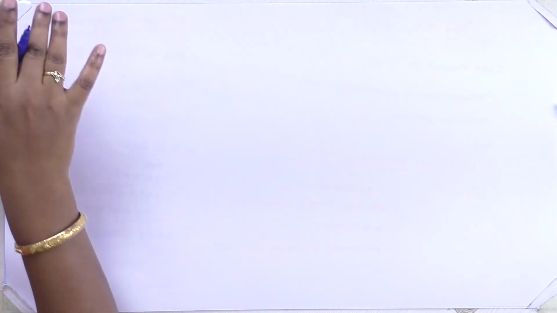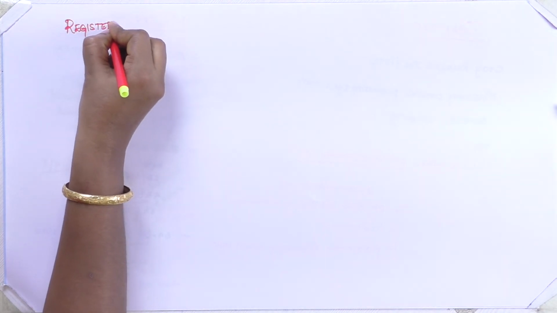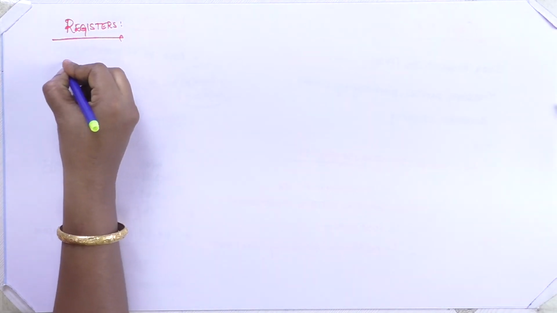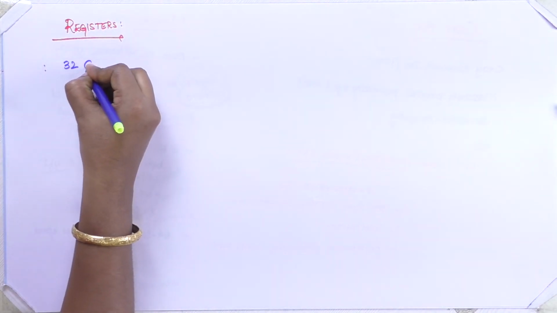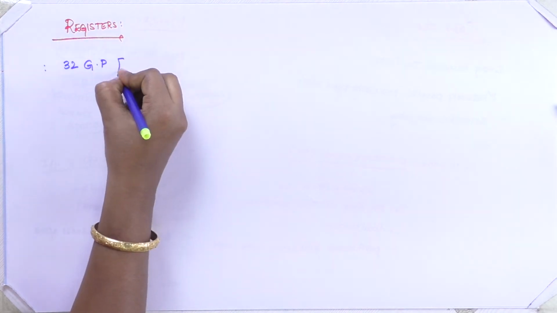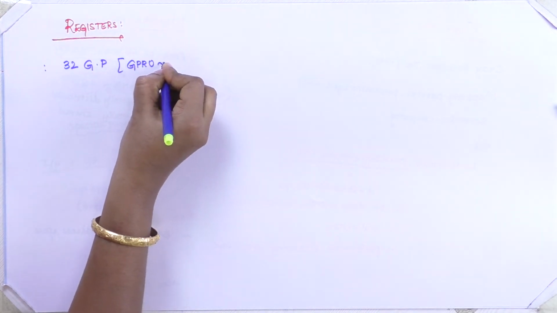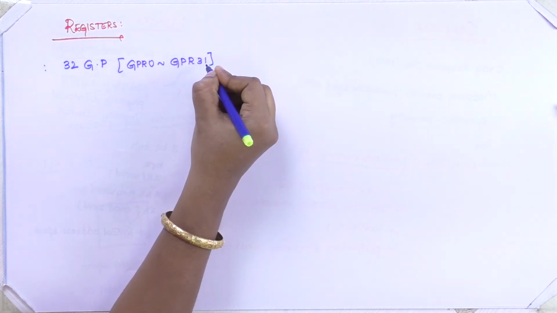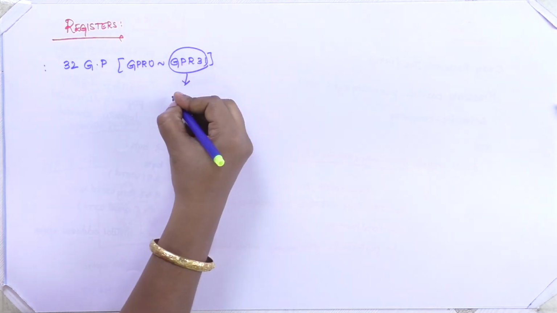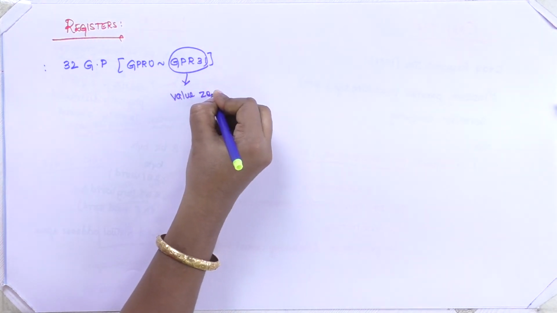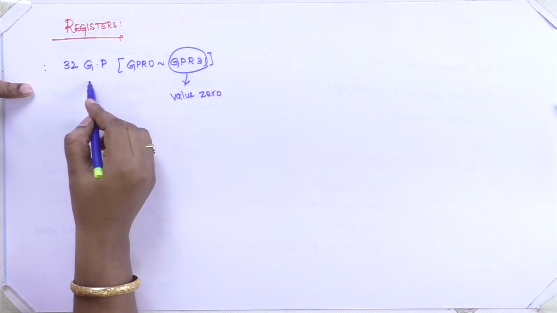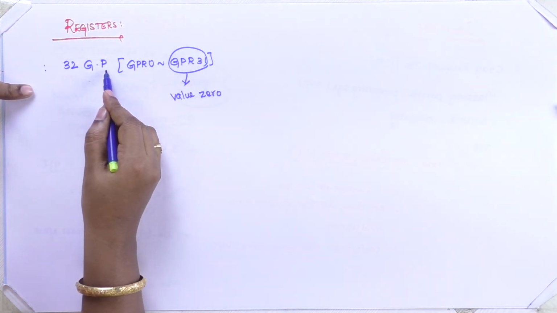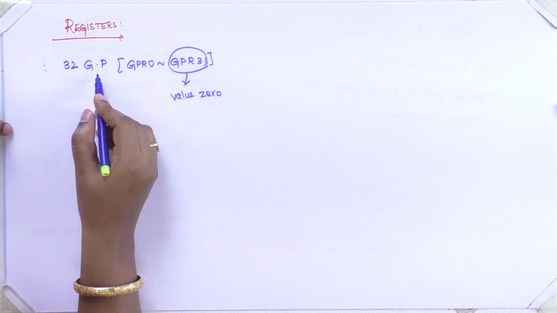The next hardware feature is registers. Each PE contains 32 general purpose registers, GPR0 to GPR31. Register GPR31 always contains the value 0. These 32 general purpose registers are used to store and manipulate integer data and addresses.